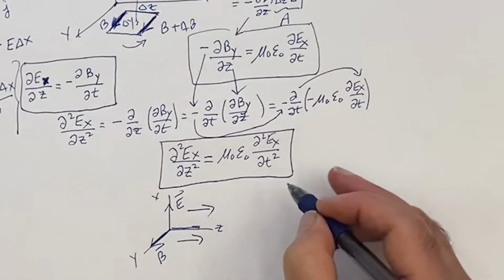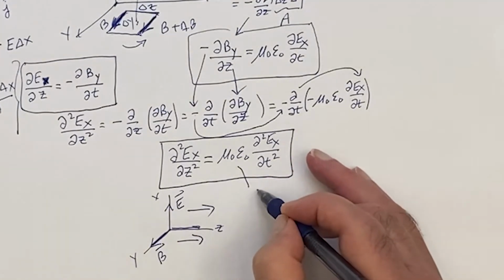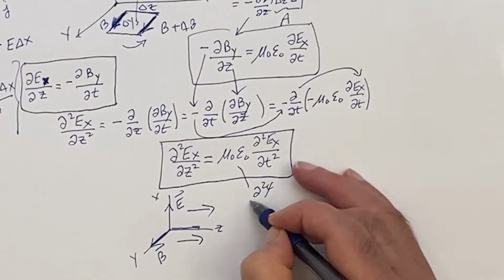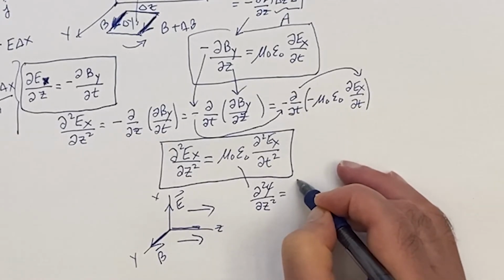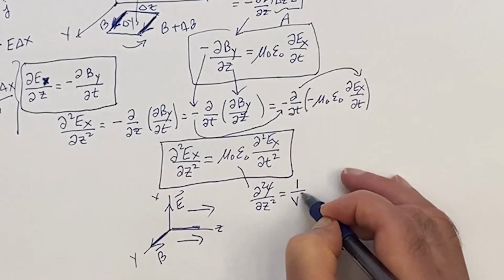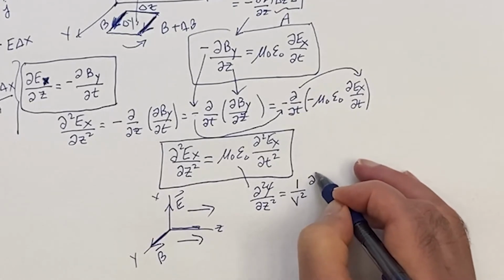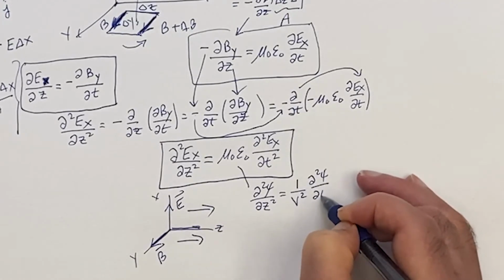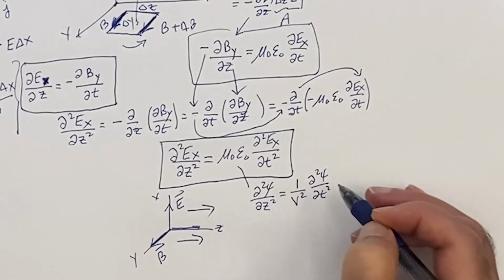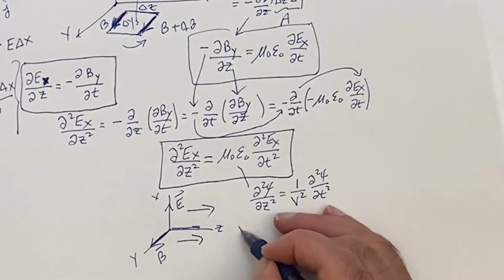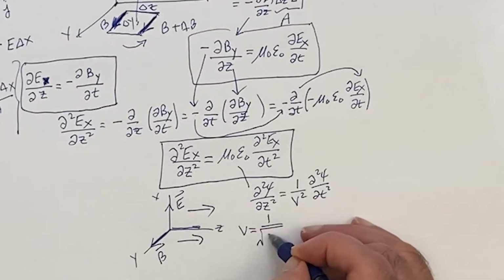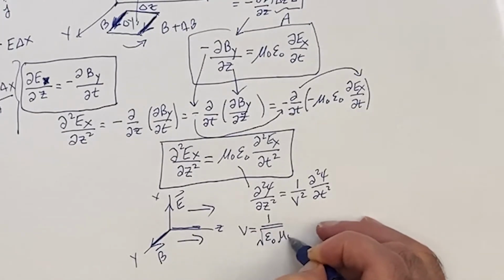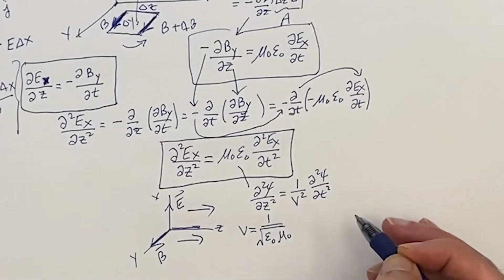And remember the wave equation we set up: this has to be 1 over the velocity squared, because velocity times time is your distance. So your velocity here is 1 over the square root of epsilon naught mu naught.